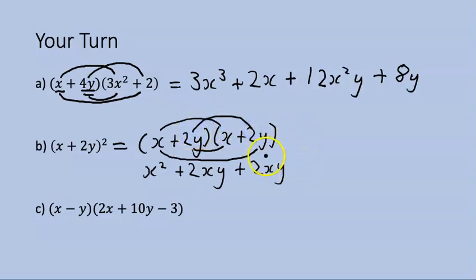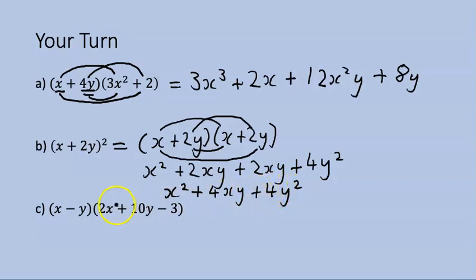And then 2y times 2y gives me 4 and then y squared. 2xy and 2xy are here, so I collect these ones up together. And I'm done.